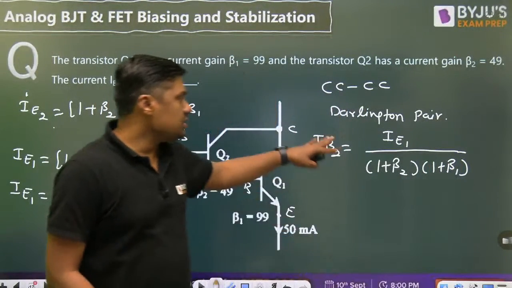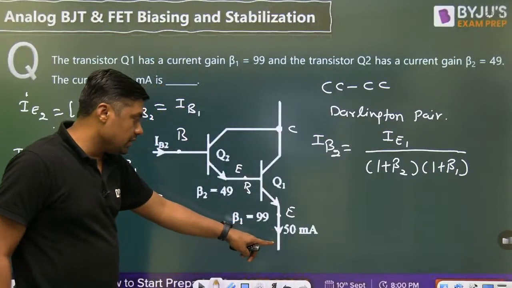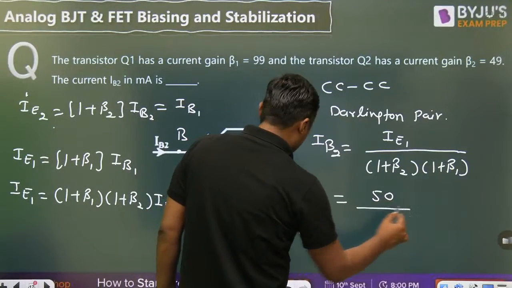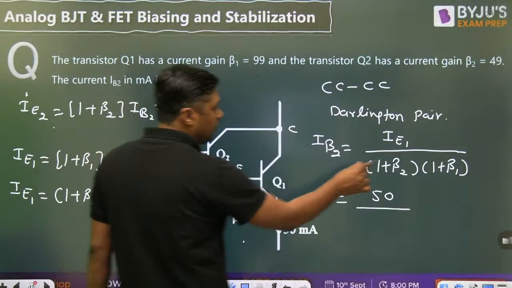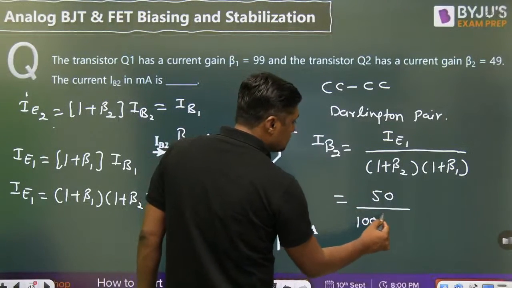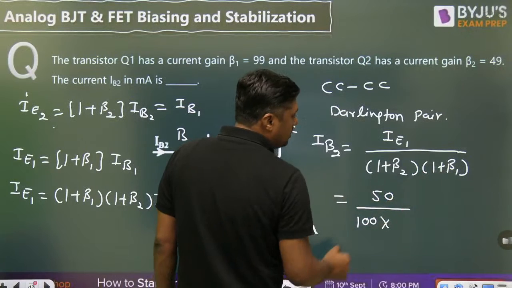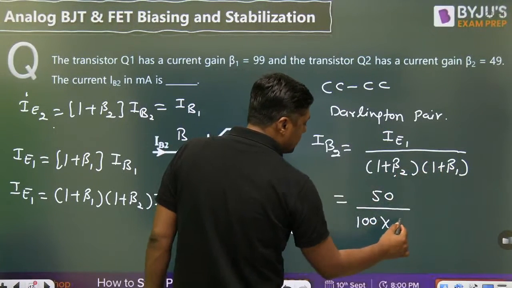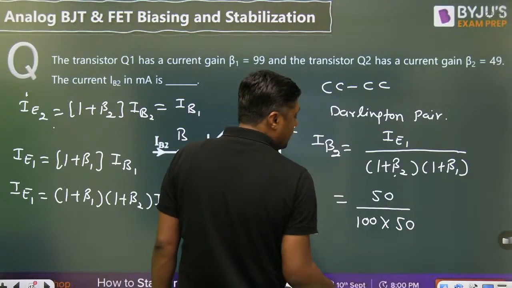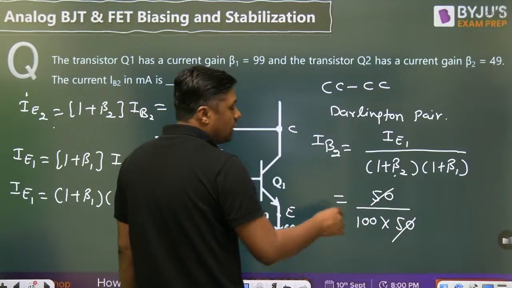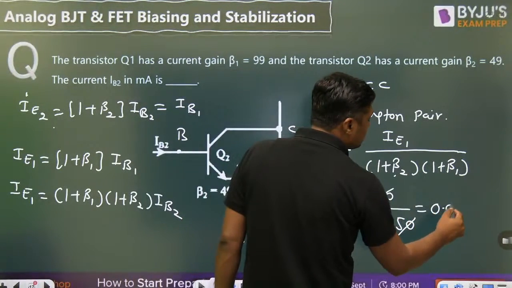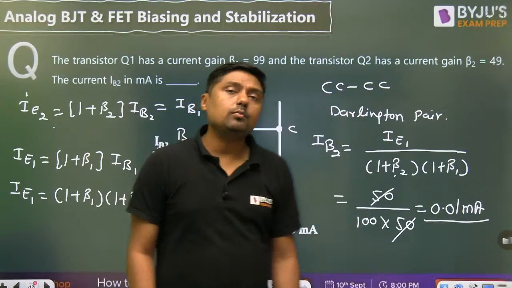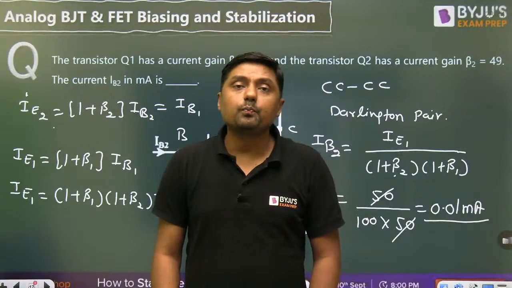Now, what is the IE1 given? 50 milliampere. 1 plus beta 1, 99, so it will become 100. 1 plus beta 2, 49, so it will become 50. 50, 50 cancel. 1 by 100 means 0.01. 0.01 milliampere is the base current.